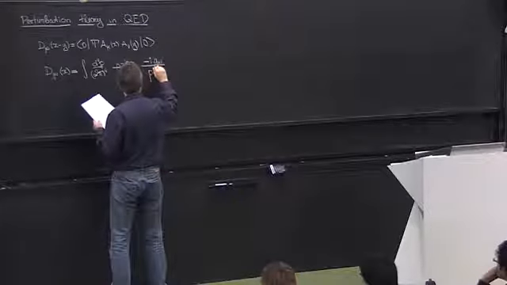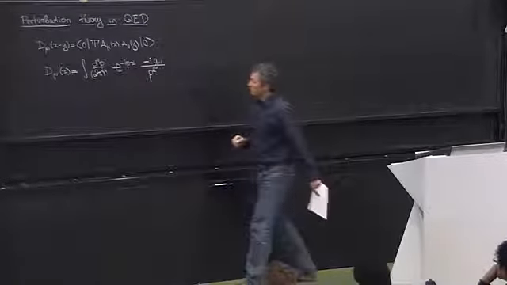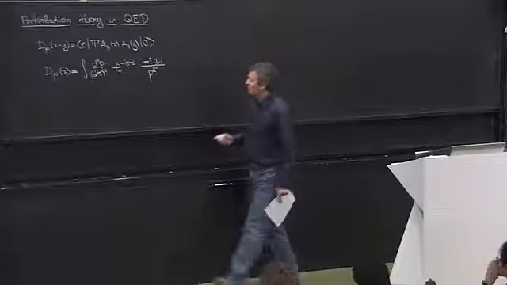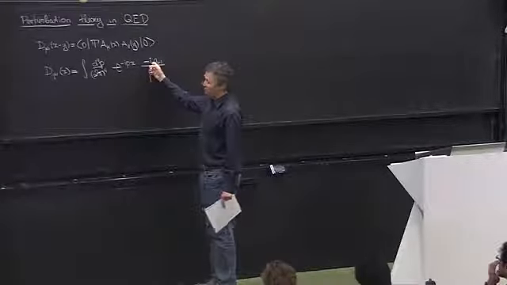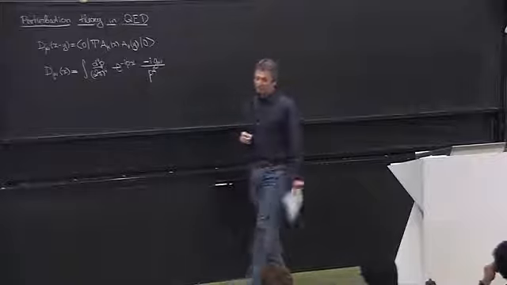And the photon has mass 0, so in momentum space the propagator is just minus i g_mu_nu divided by p squared.